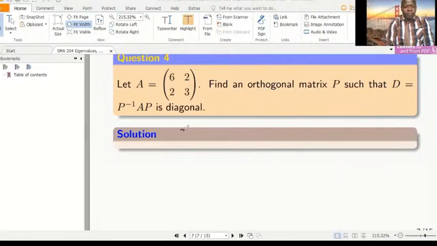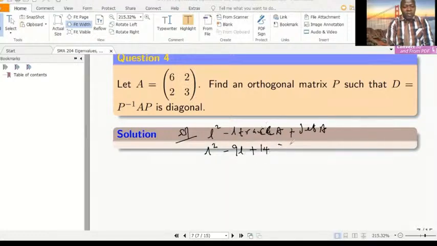So solution. First, we find the characteristic polynomial: lambda squared minus lambda times the trace of A, plus the determinant of A. So this is lambda squared minus 9 lambda, since the trace is 9, plus the determinant of this matrix, which is 18 minus 4, that gives us 14.